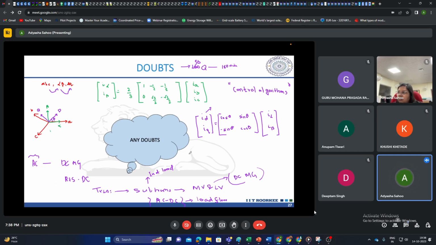All power system studies were for AC type systems, but with the changing topological infrastructure, we may have to develop the power system algorithms accordingly. So we are moving towards that.